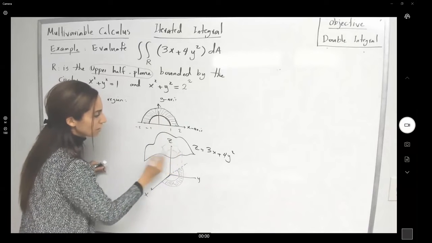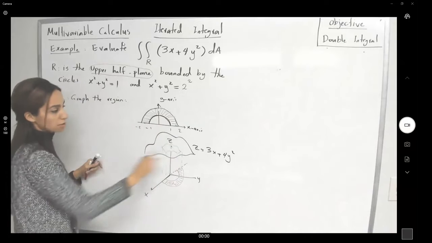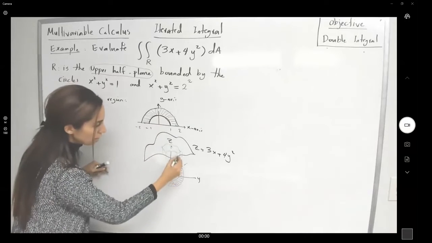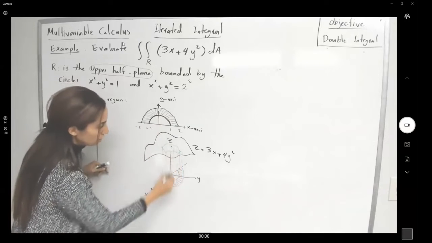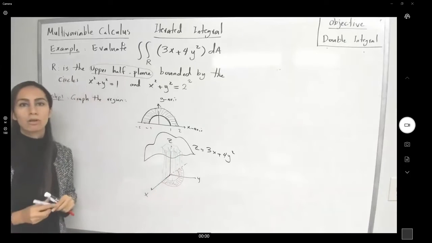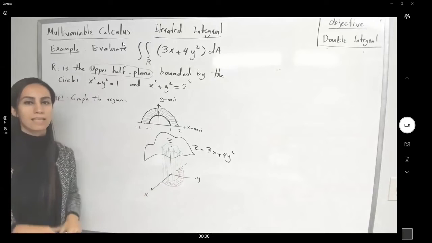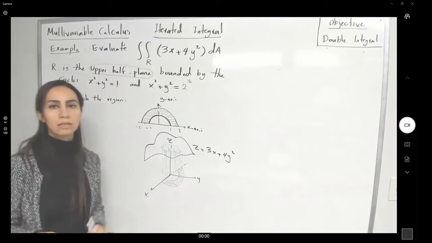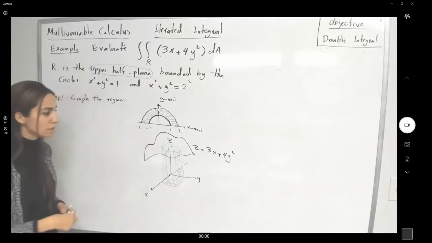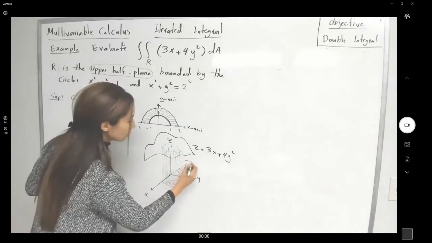Of course, it has some changes because it's the ceiling on top. And then you find all of these little heights, and you're looking for either the volume, depending on the question. Is it the volume? Is it the density? Is it charge? Whatever it is, you're going to find this double integral. So this represents the double integral.